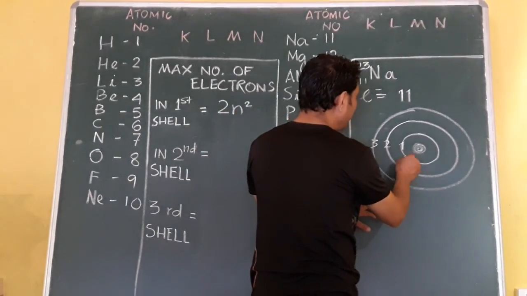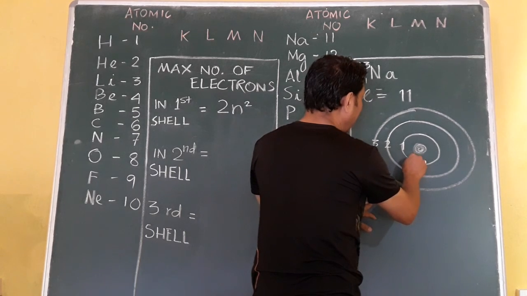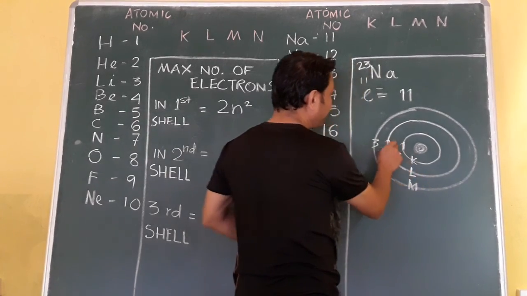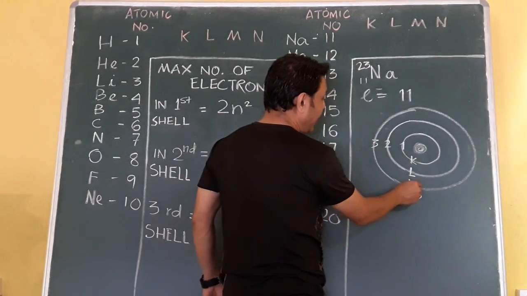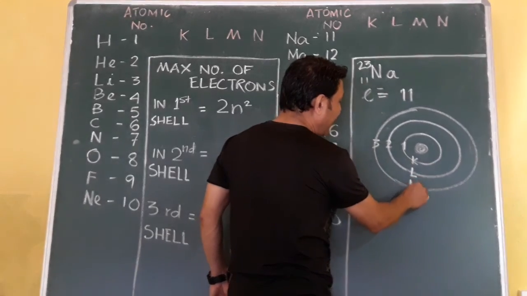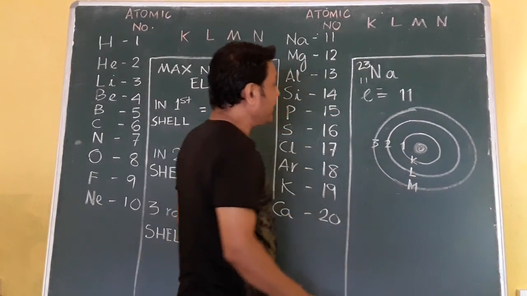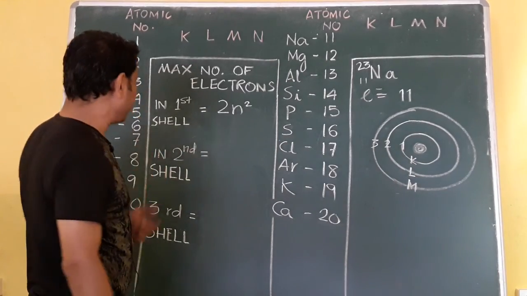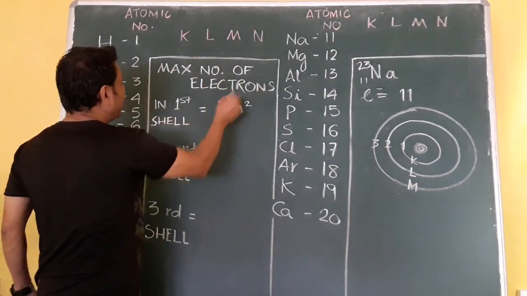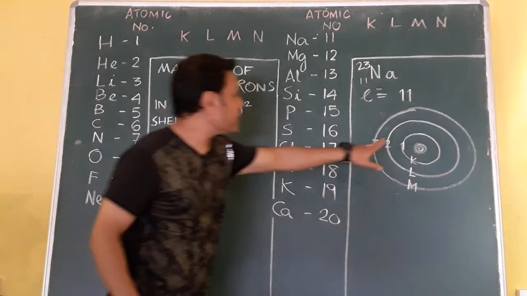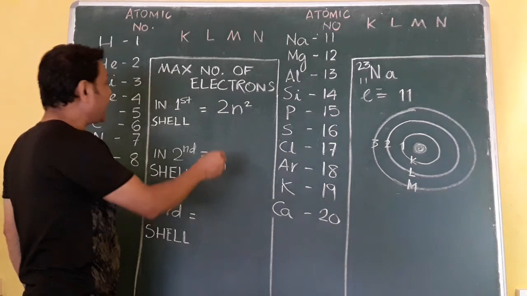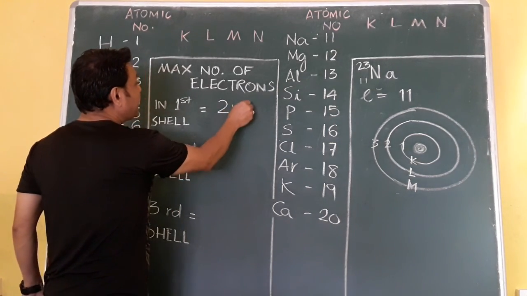They can also be named K, L, M. K is the first shell, L is the second shell, M is the third shell, and similarly N is the fourth shell. So there we have a formula for it. The maximum number of electrons in the first or the K shell can be calculated by the formula 2n squared.